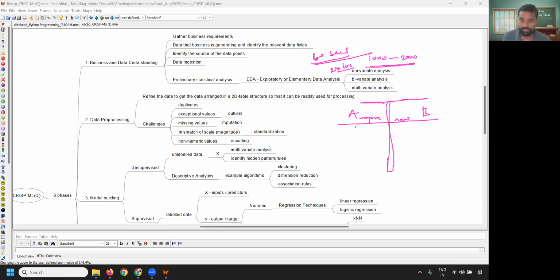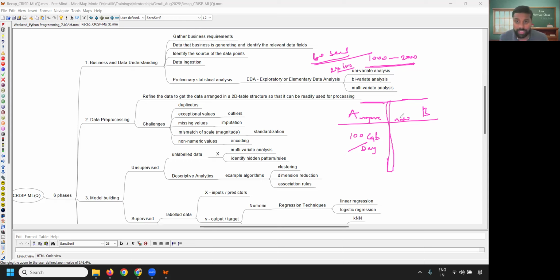So let us assume that it is 1,000 GB, or maybe I'll say 100. Let's assume 100 GB per day. Now the startup, let's consider again an e-commerce company, a very new one.